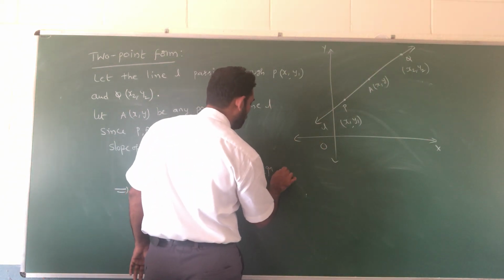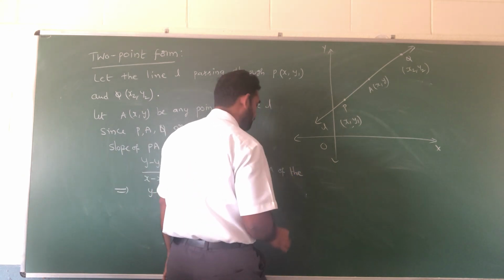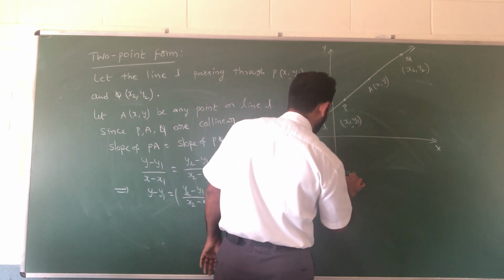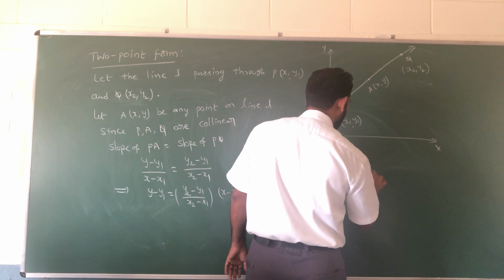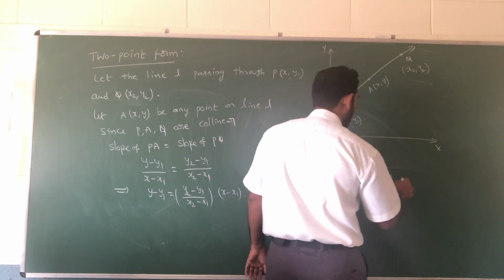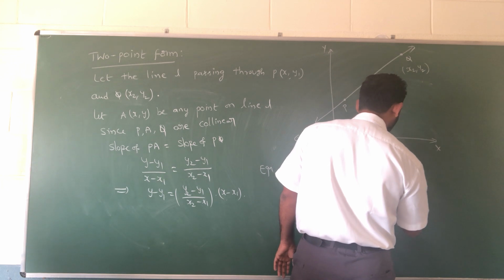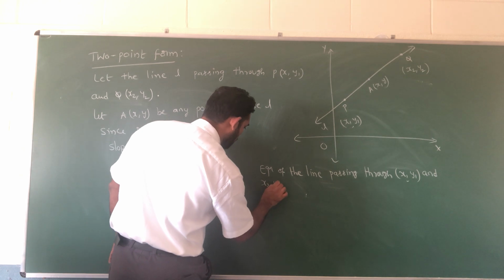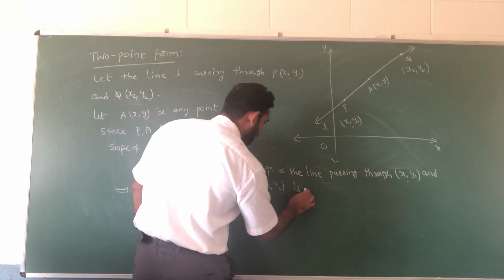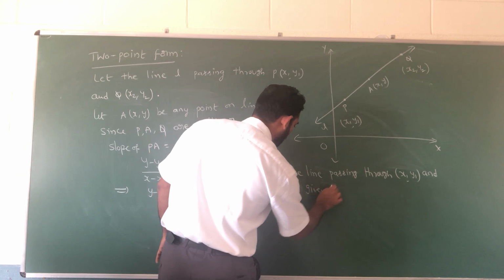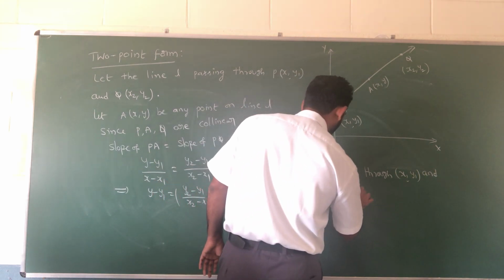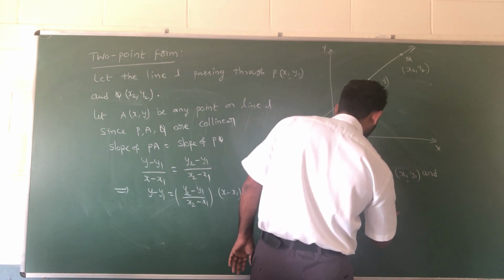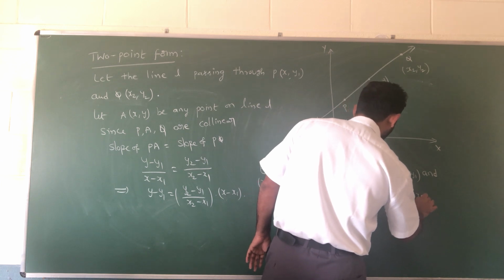The equation of the line passing through (x1, y1) and (x2, y2) is given by y minus y1 equals (y2 minus y1) by (x2 minus x1) into (x minus x1).